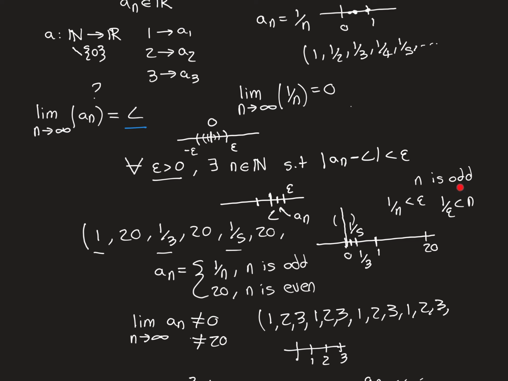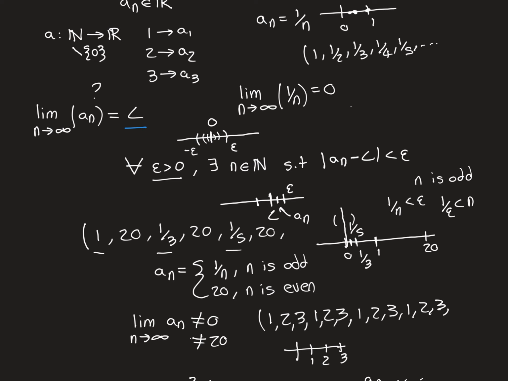And indeed, it will be possible to find an odd natural number that's bigger than that. In that case, 1 over that natural number will be less than your epsilon. And so you've satisfied this definition for all epsilon: I can find you a term of this sequence that is within that epsilon interval around 0.